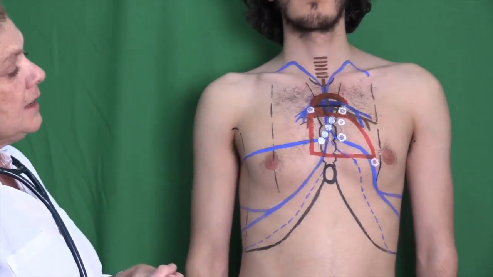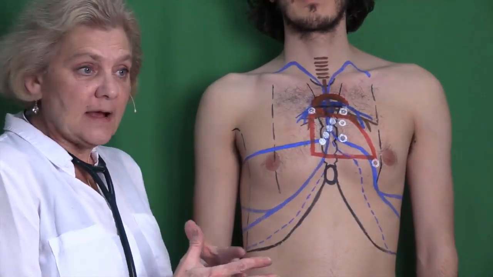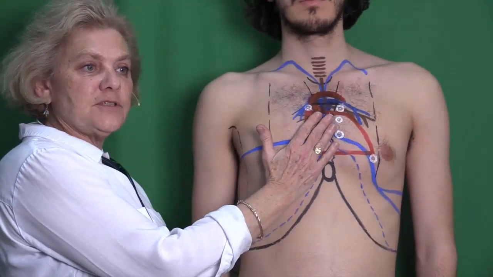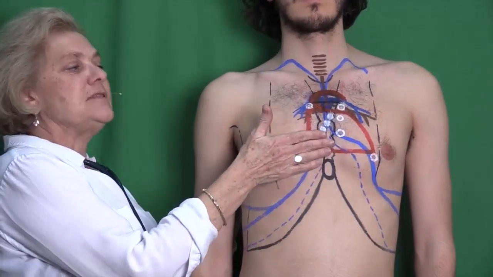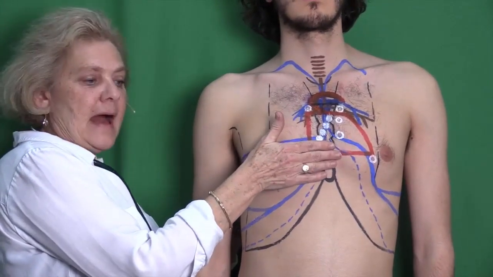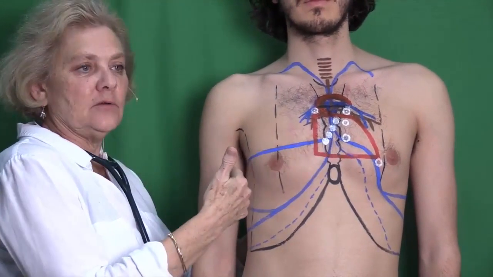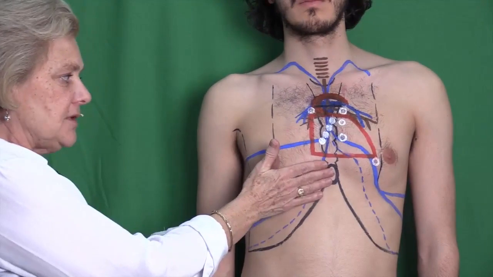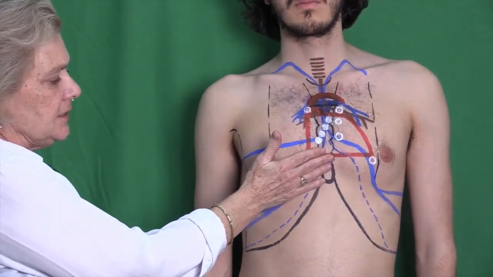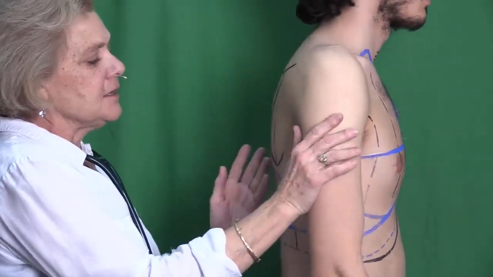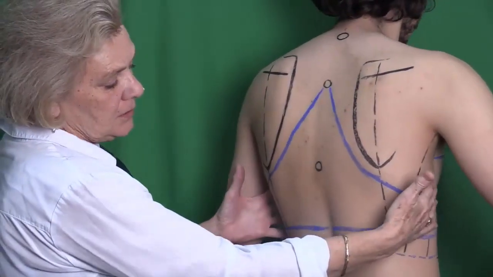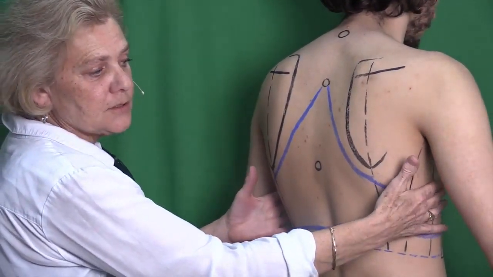I also look at the shape of his chest, anterior to posterior. If I was to measure the distance front to back, that should be 1/2 of the distance laterally. So you notice the shape of the chest, anterior, posterior, as compared to lateral, he should be twice as large, okay?